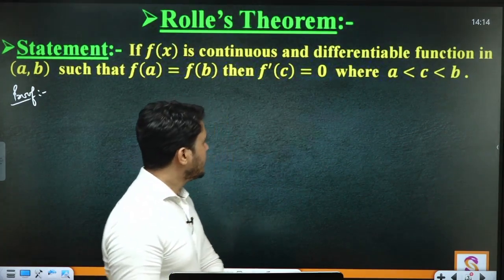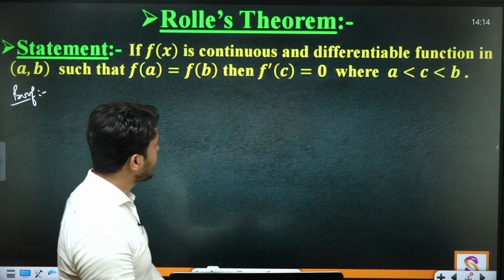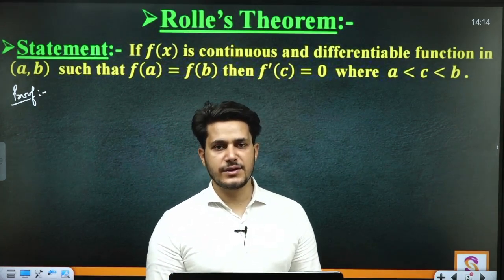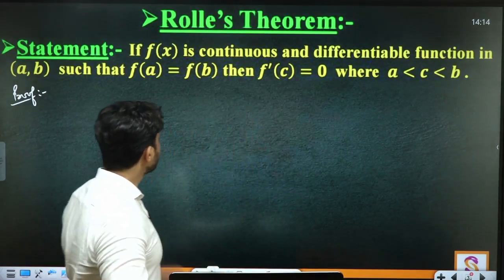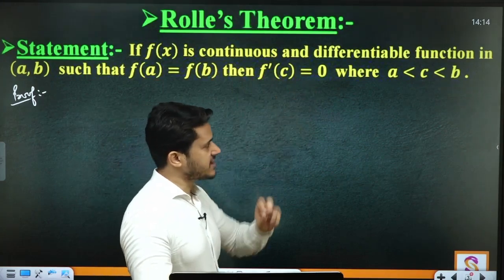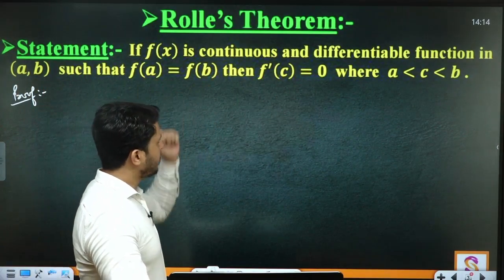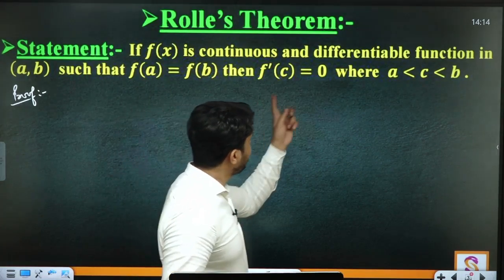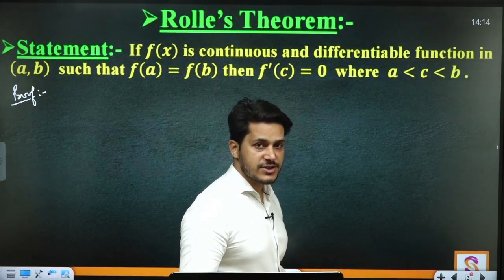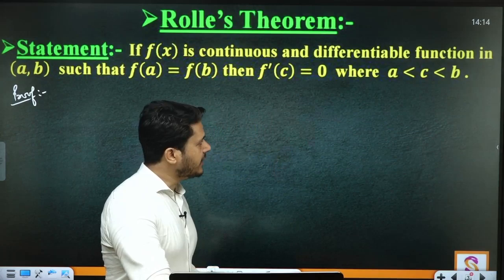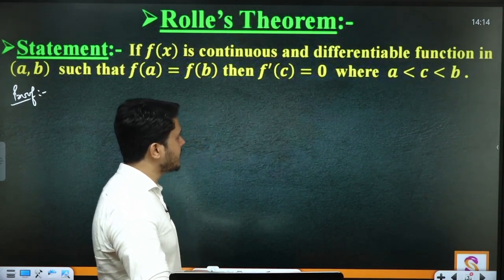See, this complete statement is divided into three parts. The first one is f(x) is a continuous and differentiable function. Second one is f(a) equal to f(b), and then third part f'(c), the derivative of the function at any intermediate point c will be 0.